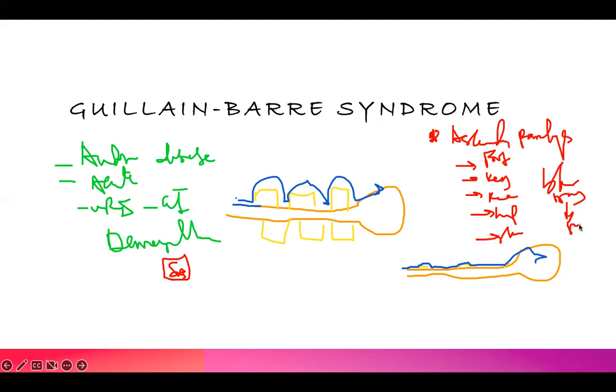It's like something ascending from the lower extremities up. They have lower extremities weakness before the upper extremities, but it's a progressive disease and paralysis. So at the end, the last things affected are the respiratory muscles and the swallowing muscles.